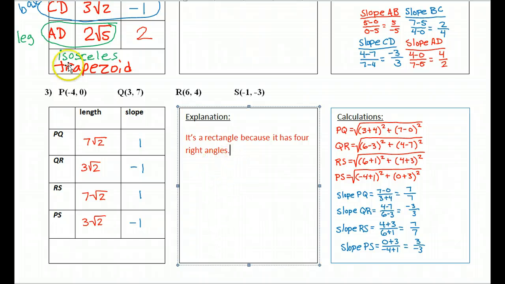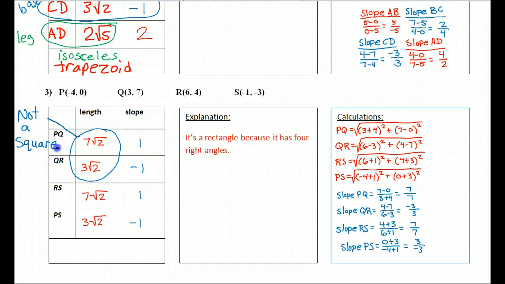What I would do, as a shortcut, is just circle 2 of these lengths. If this were a square, these would be the same. So I can just circle these lengths, draw a little line, and just say not a square. That's what I would do, and that is sufficient.